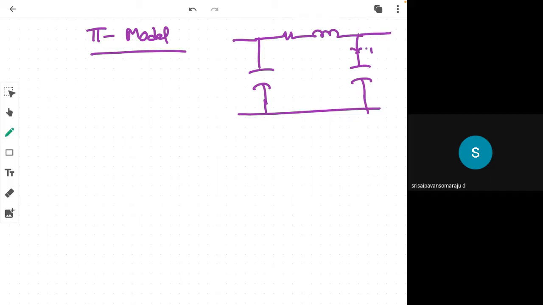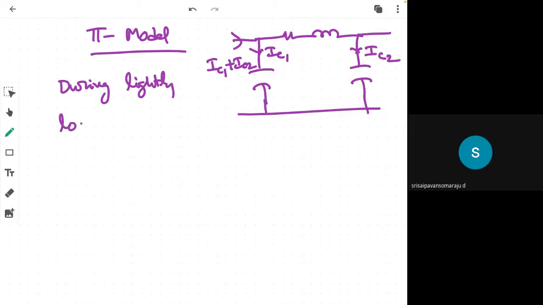This is IC2, this is IC1. The total current is IC1 plus IC2, so this is the leading current. Therefore, it supplies reactive power to the system during lightly loaded conditions.